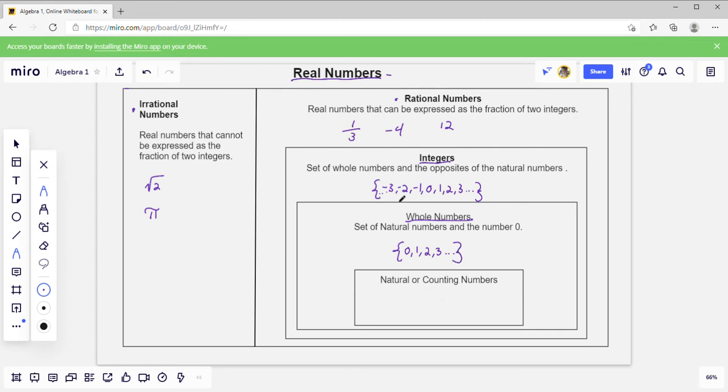And then our natural numbers are the same as our counting numbers, so those are without 0: 1, 2, 3, dot, dot, dot. So those are showing how this one is a subset of this one, and this one right here is a subset of that one, and that one's a subset of real numbers. Okay?